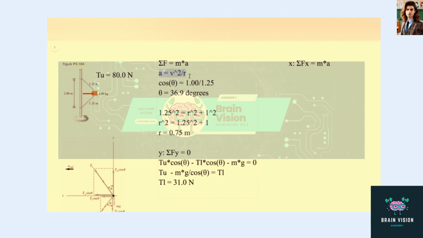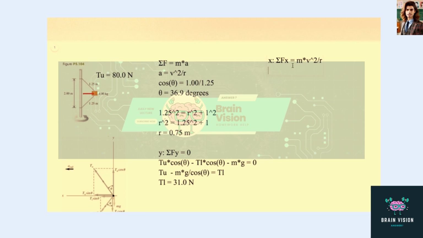Remember, our a is v squared over r, so I'm just going to plug that in right now to make it easy. The sum of the forces is going to be equal to mv squared over r. Let's follow the same steps as we did before. Looking at this force diagram here, we see that there are two forces: one from the tension in the upper wire, that's TU sine of theta, and then the tension from the lower string, which is TL sine of theta.